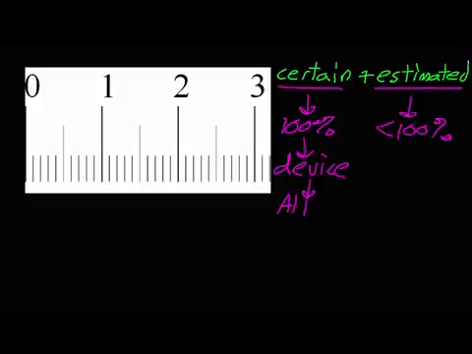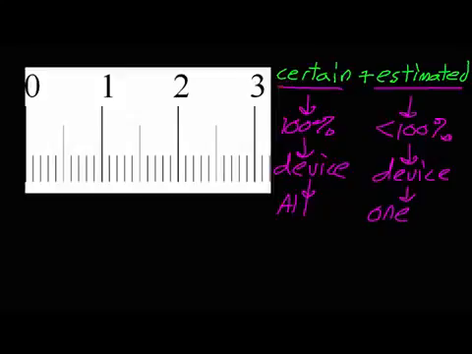We're taking our best guess at what we think that measurement is. How reliable that estimated digit is depends on the device that you have. If you have a very good measuring device, this estimated digit will probably be better than if you have a weak measuring device. The big thing about estimated digits is that you only collect one estimated digit.